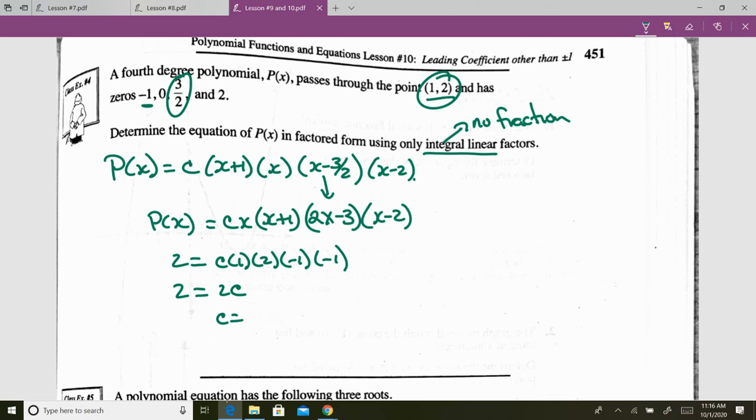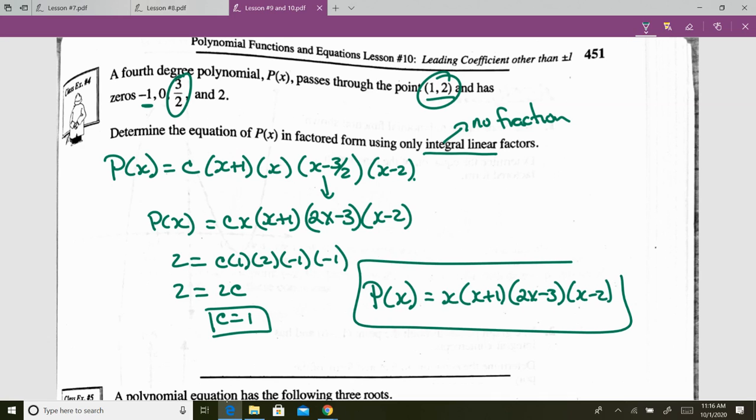So what does C equal? 1, which is very anticlimactic. Okay, so the proper form of this polynomial would just be x plus 1, 2x minus 3, x minus 2. There you go. Done. All right.